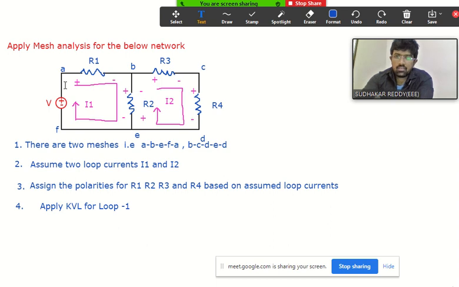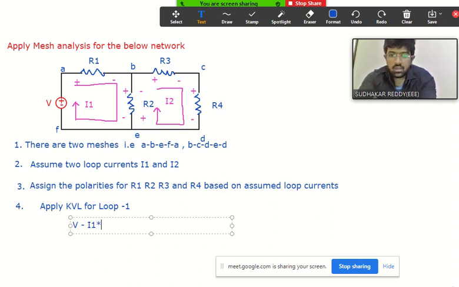Now anyone, what is the KVL equation for the first loop? We'll start from V, right?